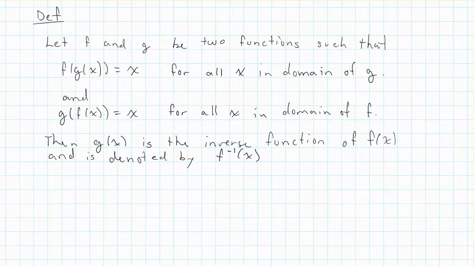That minus 1 is representing inverse function. It's not an exponent at all, in fact. Alright, so other notation then that we can use is the idea that f composed with the inverse function is equal to x, and then the inverse function composed with f is also equal to x. So in other words, inverse functions undo each other. So f will undo the inverse function, and the inverse function will undo f.